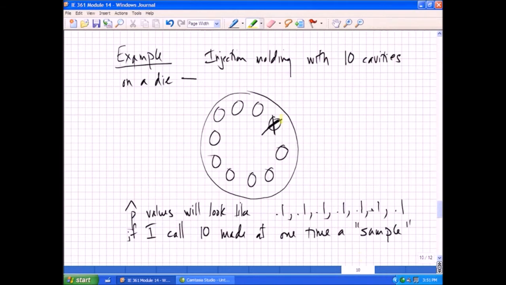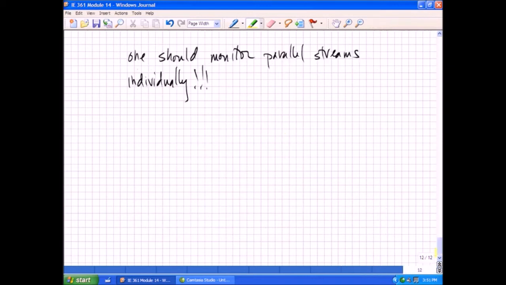I'll miss the fact that there's a fundamental difference between that cavity and all the others. I will miss the fact that there is a consistently bad head or bad cavity in this machine. Okay, so that's a bit on stratification.